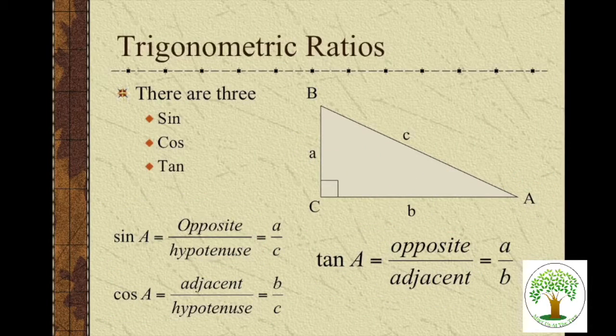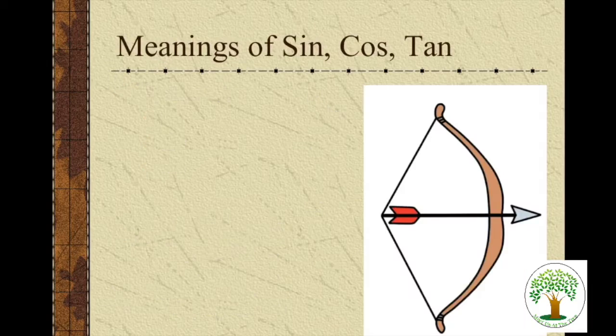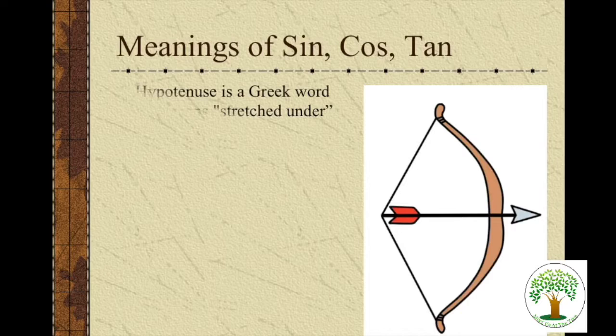As I was looking this up, I thought to myself, where did they get the words sine, cosine, and tangent? I was really interested to find out that back in the times of the Greeks, and even into Latin, they were using these words to refer to things like bows and arrows. And I thought that was so cool, because in our family we're really into that. The word hypotenuse means to stretch under, like from a bow.